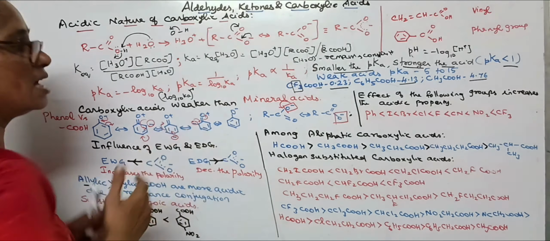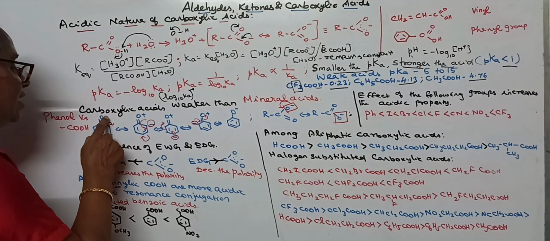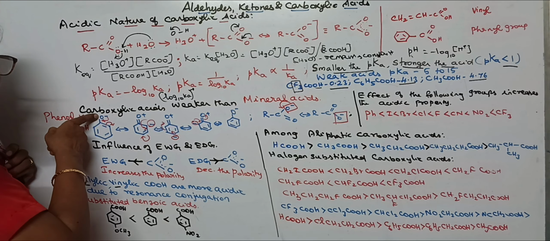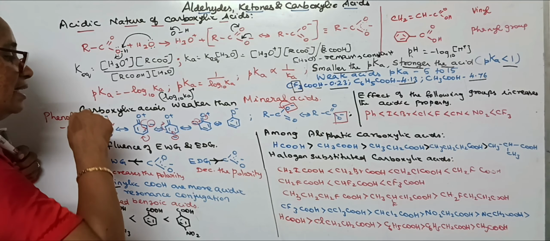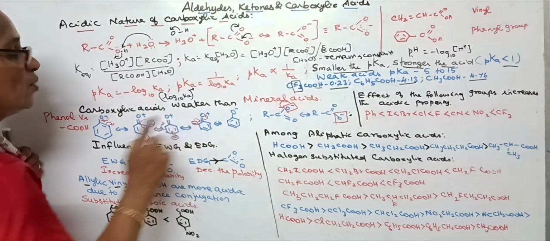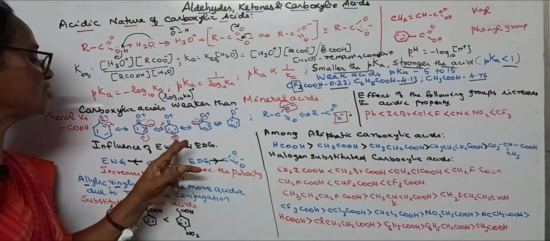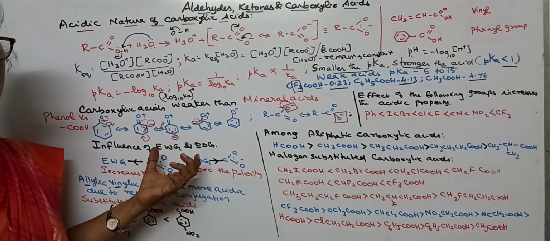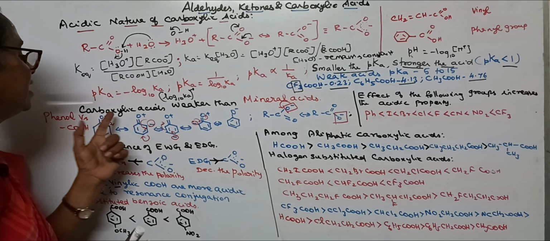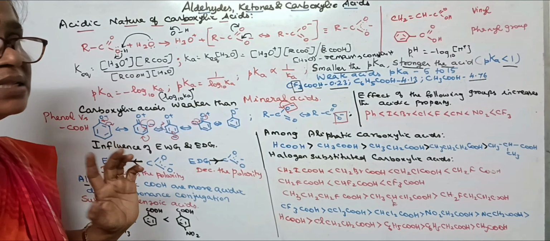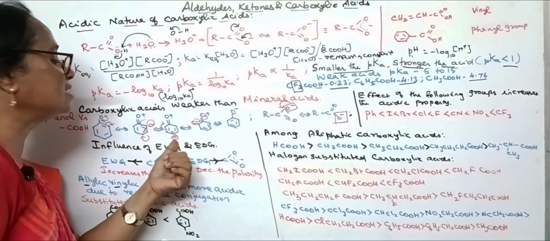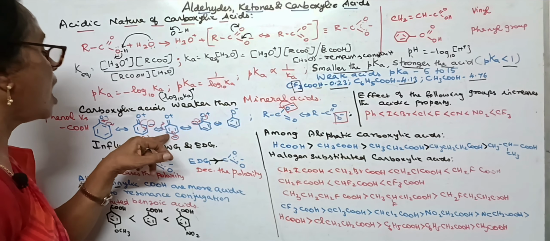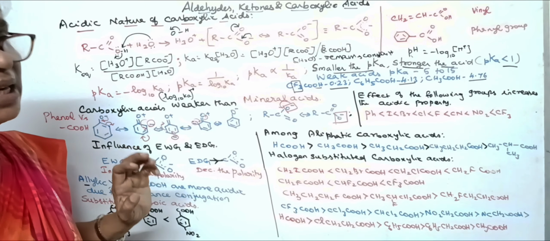But in the phenoxide ion, the negative charge is delocalized between the most electronegative oxygen and the less electronegative carbon: second position, fourth position, sixth position, all occupied by carbon atoms. Oxygen here possesses the positive charge, but the negative charge is possessed by the less electronegative carbon atom in the benzene ring.